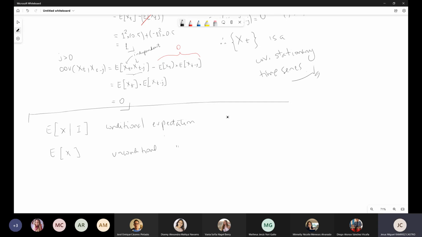The unconditional expectation can be seen as the expectation using the smallest set of information.